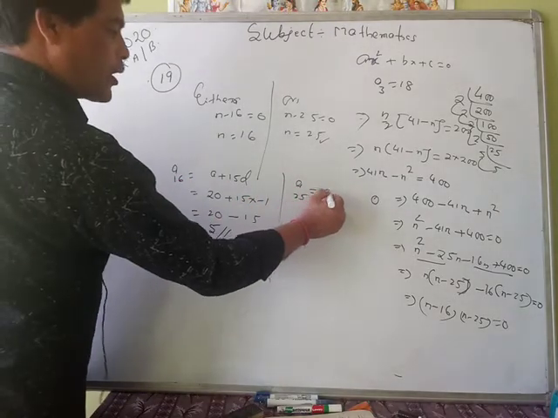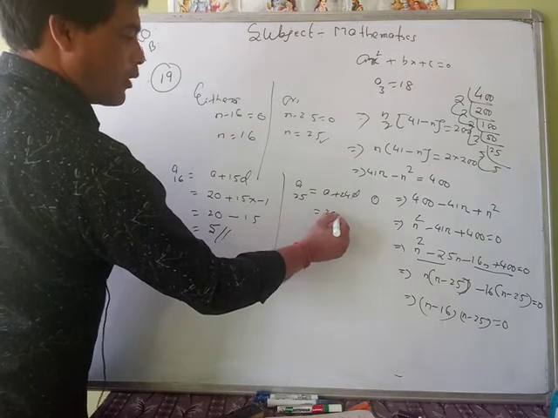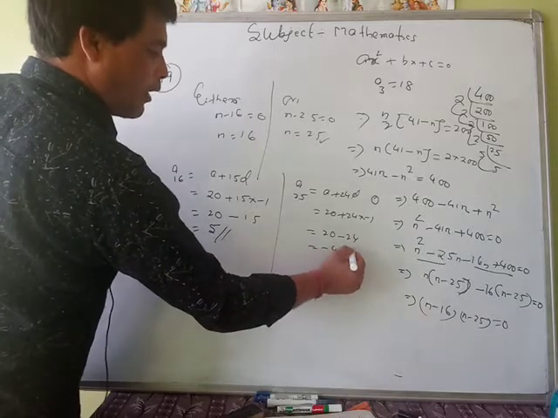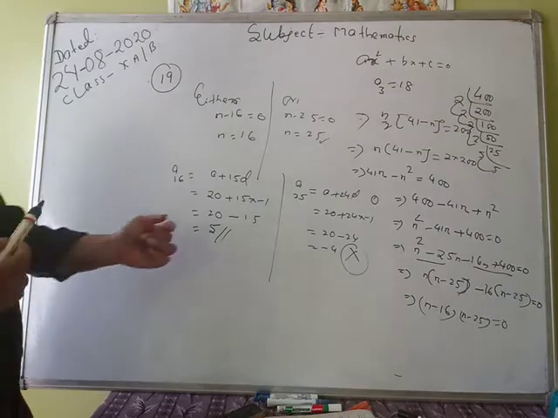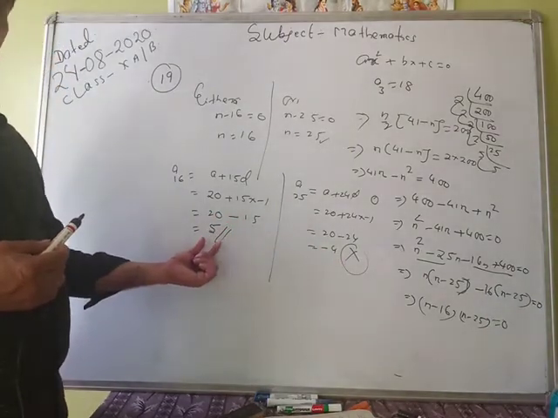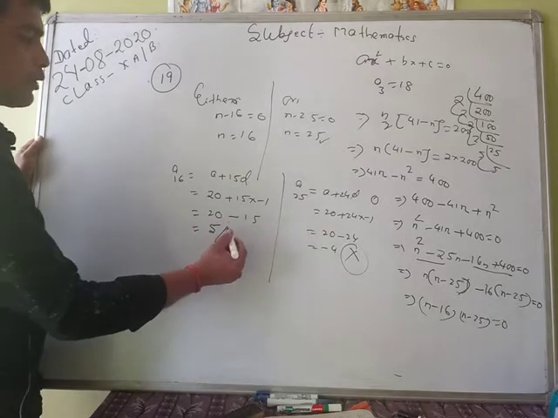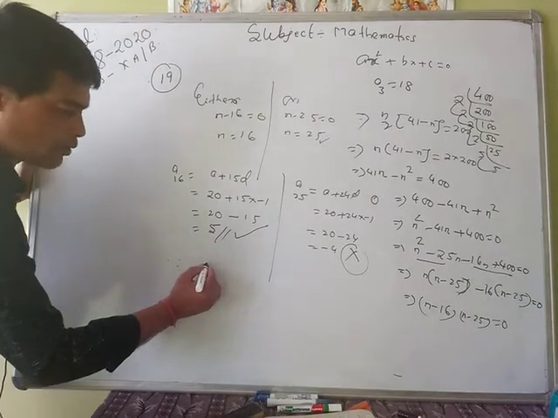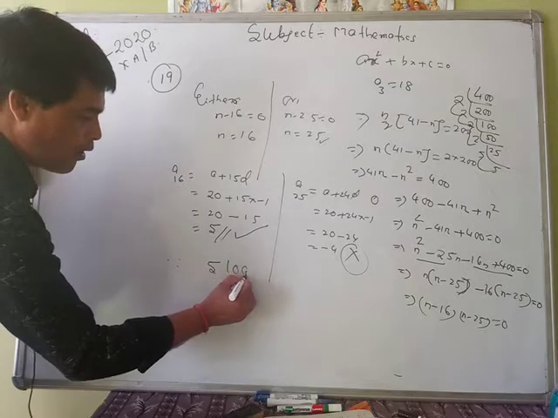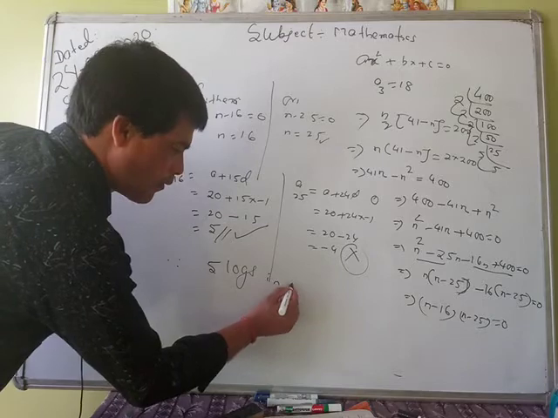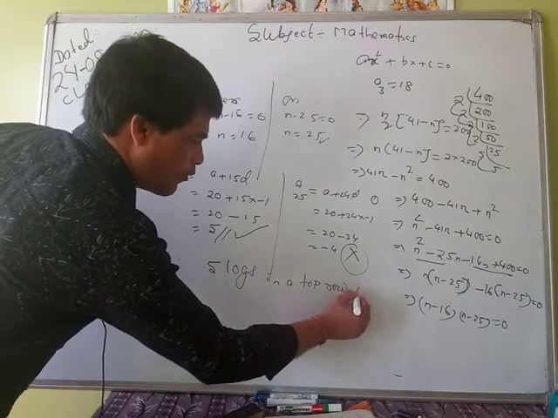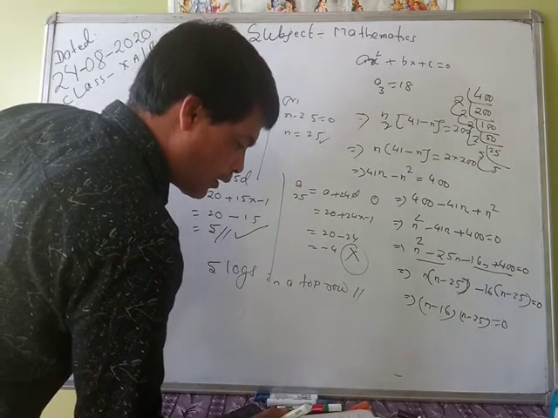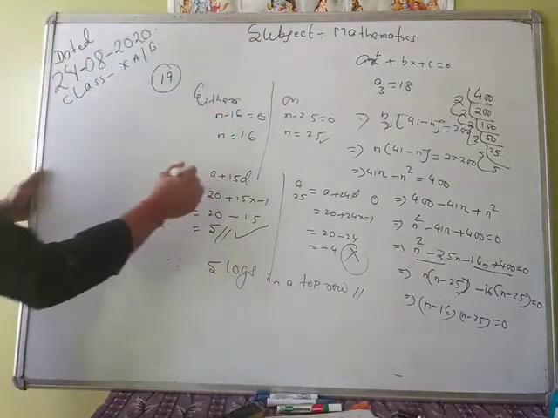Then a25 means a plus 24d, a means 20 plus 24 into minus 1, 20 minus 24 is equal to minus 4. अब के हुँदैन भन्दाखेरि हाम्रोमा टपमा नेगेटिभमा लग्स हुँदैन, जहिले पनि पोजिटिभमा हुन्छ. त्यसैले हामीले बुझ्छौं, how many logs in the top row, therefore, how many logs in the top row, 5 logs. In the top row first answer, then top row मा कतिवटा रहेछ, 20 logs, and then how many rows are there, that is 16 rows.